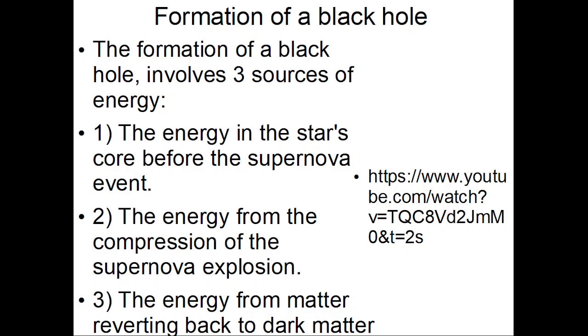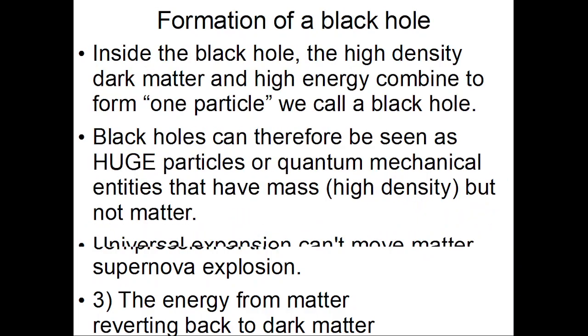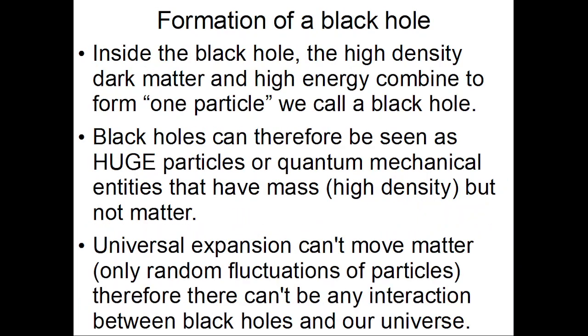When all this energy is locked into a space that's extremely dense, what do you get? Well, the high density dark matter and high energy combine to form one particle, which we call a black hole. So black holes can therefore be seen as huge particles or quantum mechanical entities that have mass but not matter.